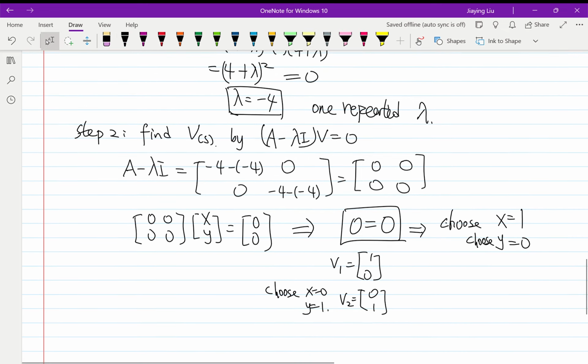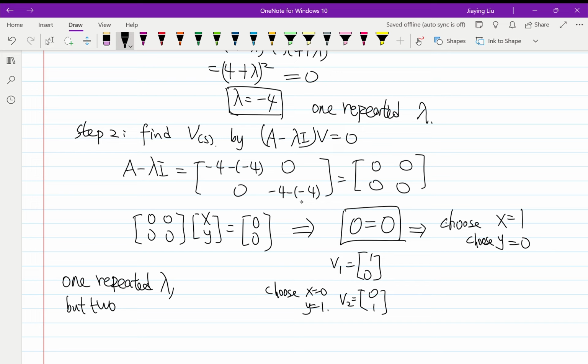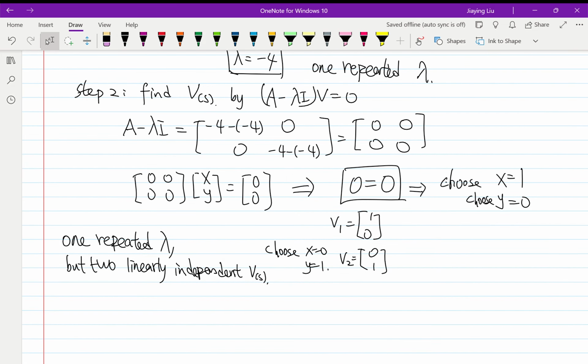So this is the case where we have one repeated lambda, but two linearly independent eigenvectors, v1 and v2, which is a good thing. And the solution we write down is just going to treat it as if we have two different eigenvalues.